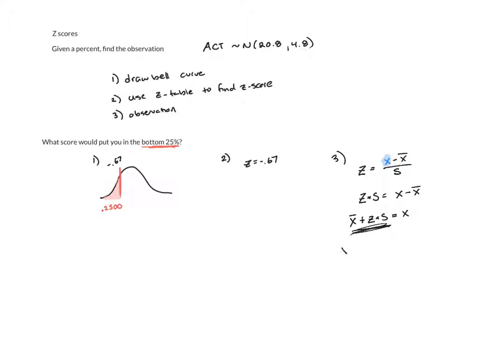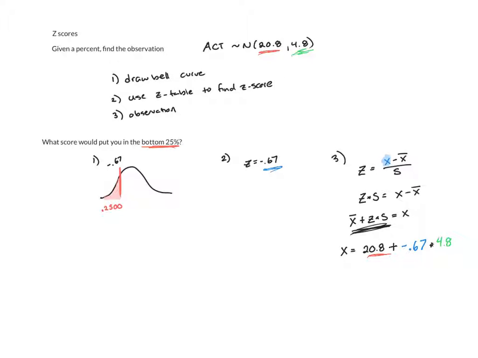So in this case, x will be equal to x bar, well, my average score on the ACT is 20.8. And then I'm going to add my z-score, and my z-score in this case is negative 0.67 times my standard deviation, which in this case is 4.8.